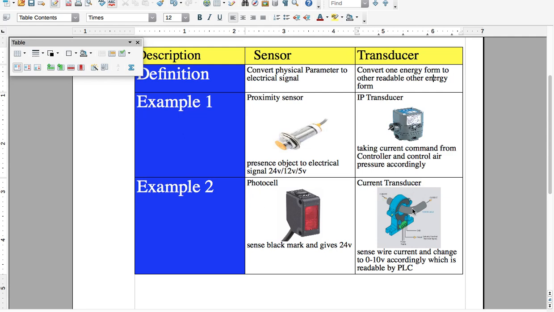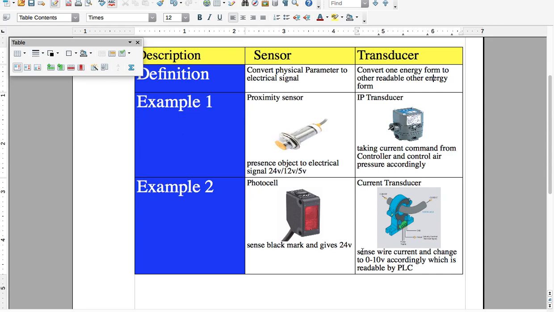The main purpose of the current transducer is to read the current in a wire, like high ampere, like 24 ampere, 30 ampere, 100 ampere, and this transducer makes it readable by changing high ampere to very low ampere, very low voltage.